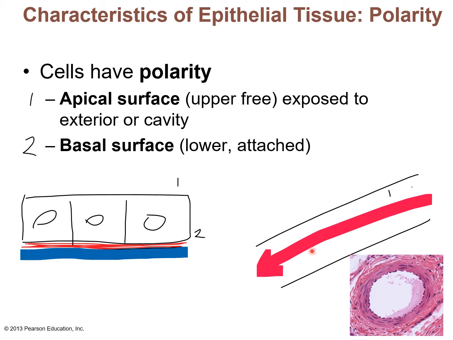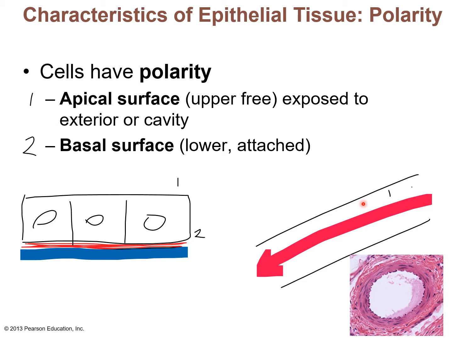If you think of a blood vessel, you know how a blood vessel is hollow from the inside to allow the blood to rush into that blood vessel and flow through it. Notice how this surface right here that's facing the hollow cavity of the blood vessel, that would be the apical surface. So the apical surface is either exposed to air, or it's exposed to the hollow cavity.